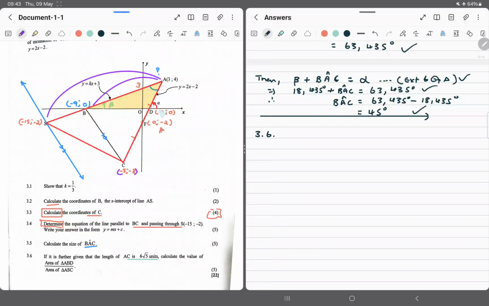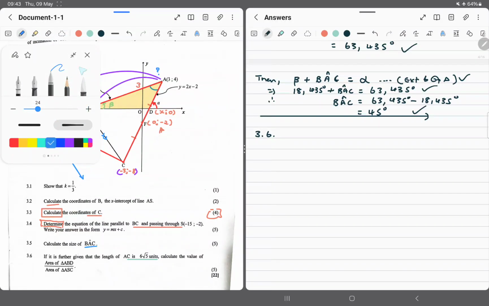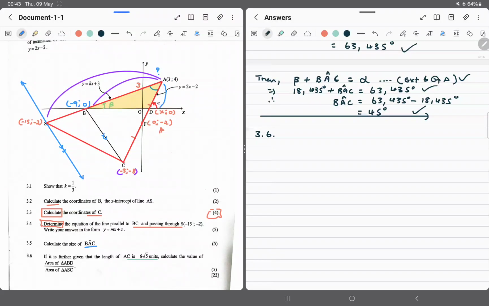Otherwise, we would have had to look for that too. Essentially, we also need more. We need also this side, AD. Okay. That's not too difficult. We can do it.